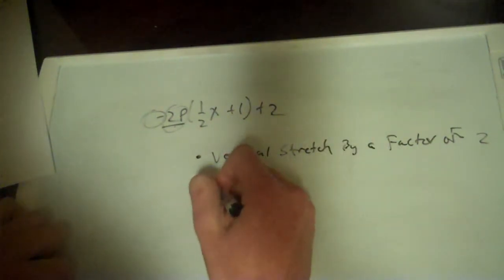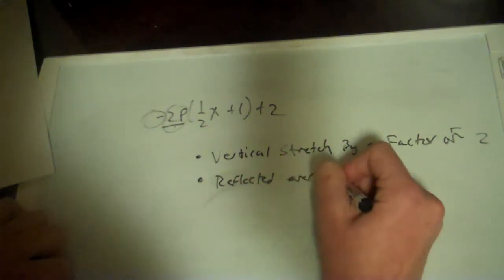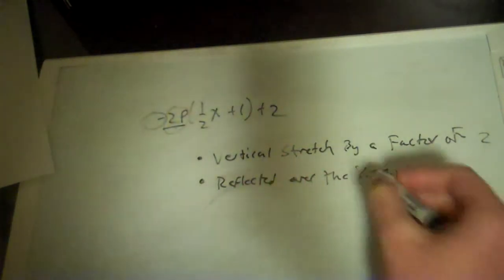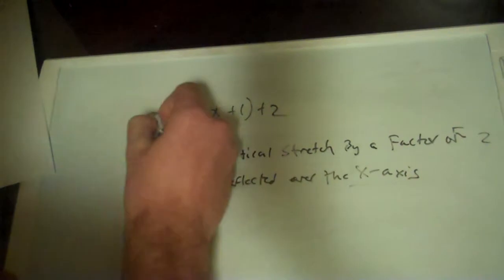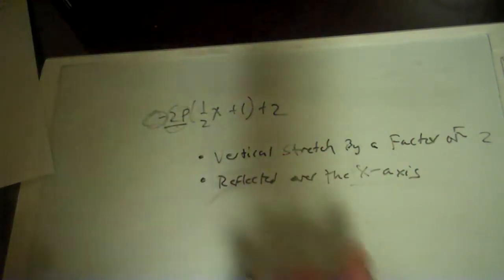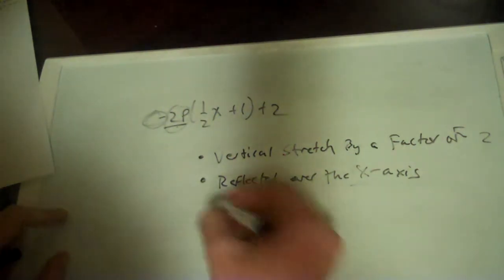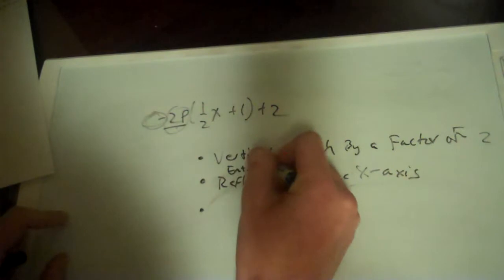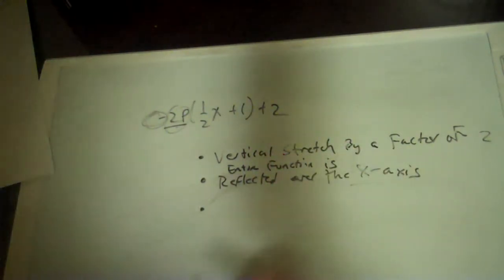This entire graph is reflected over the x-axis. Not the y-axis, the x-axis. So this negative sign tells us that this entire function is flipped across the x-axis. I can even write: entire function is reflected over the x-axis.